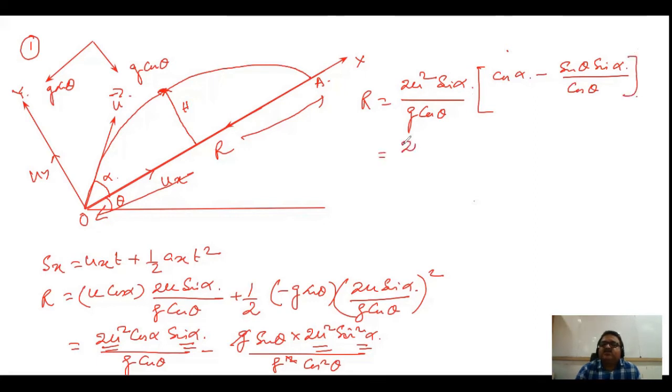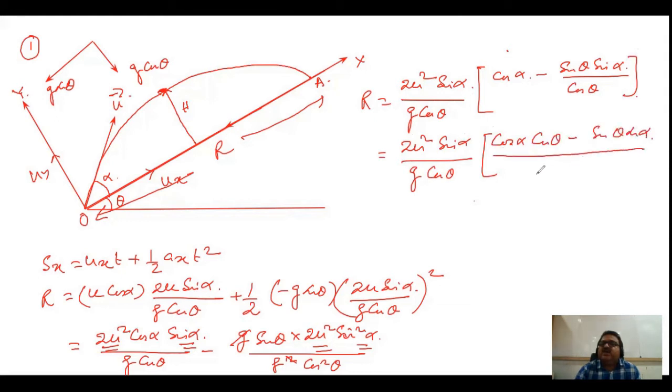So it will be 2u squared sine alpha by g cos theta, cos alpha cos theta minus sine theta sine alpha whole divided by cos theta.